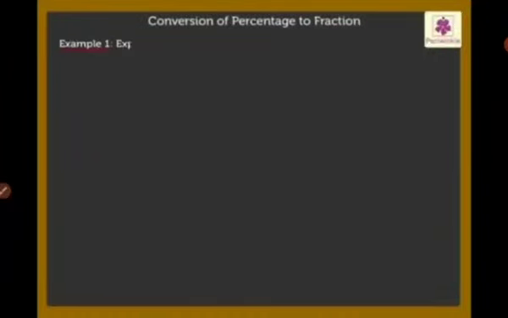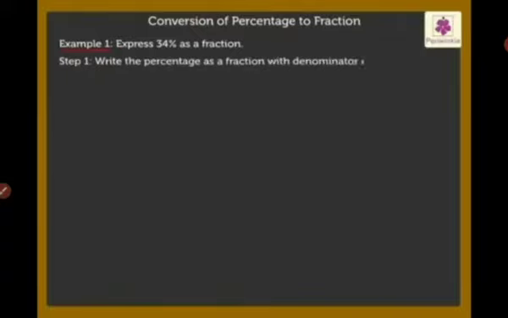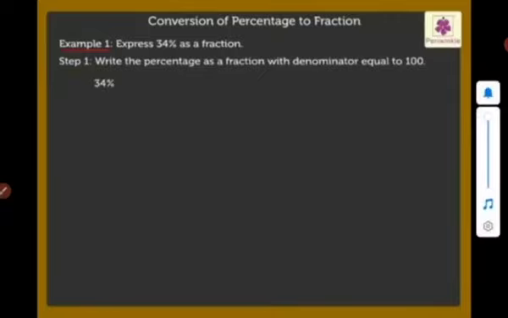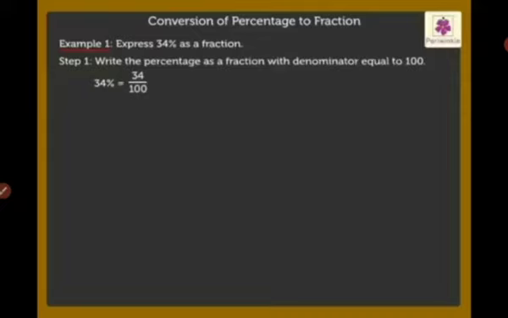Example 1. Express 34% as a fraction. We can solve this in a couple of steps. Step 1 is to write the percentage as a fraction with denominator equal to 100. Thus, we get 34% is equal to 34 upon 100. The denominator is taken as 100, as 34% means 34 out of 100.